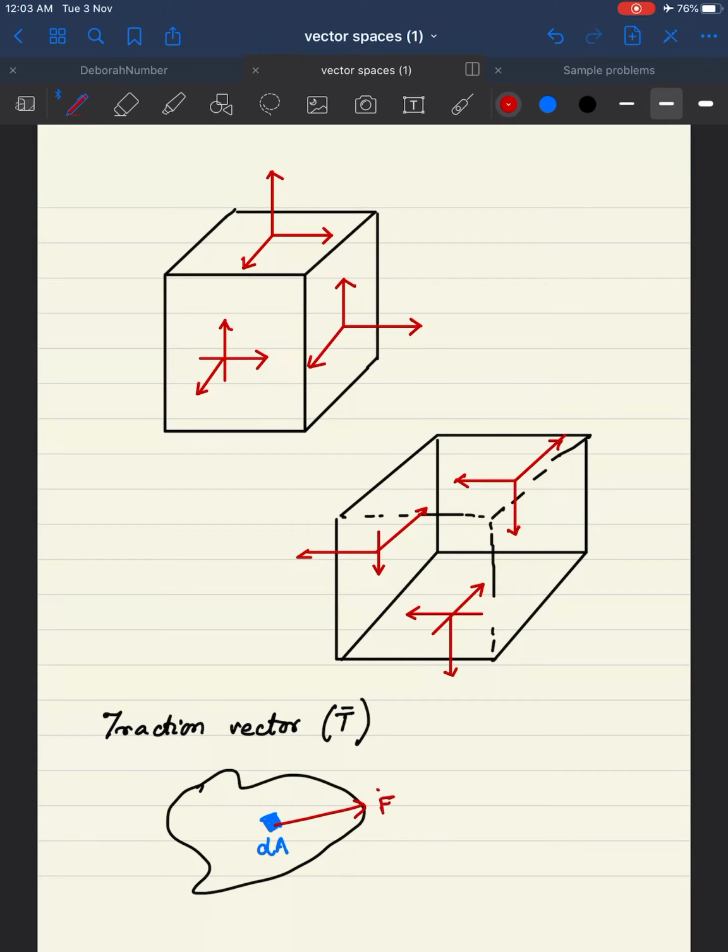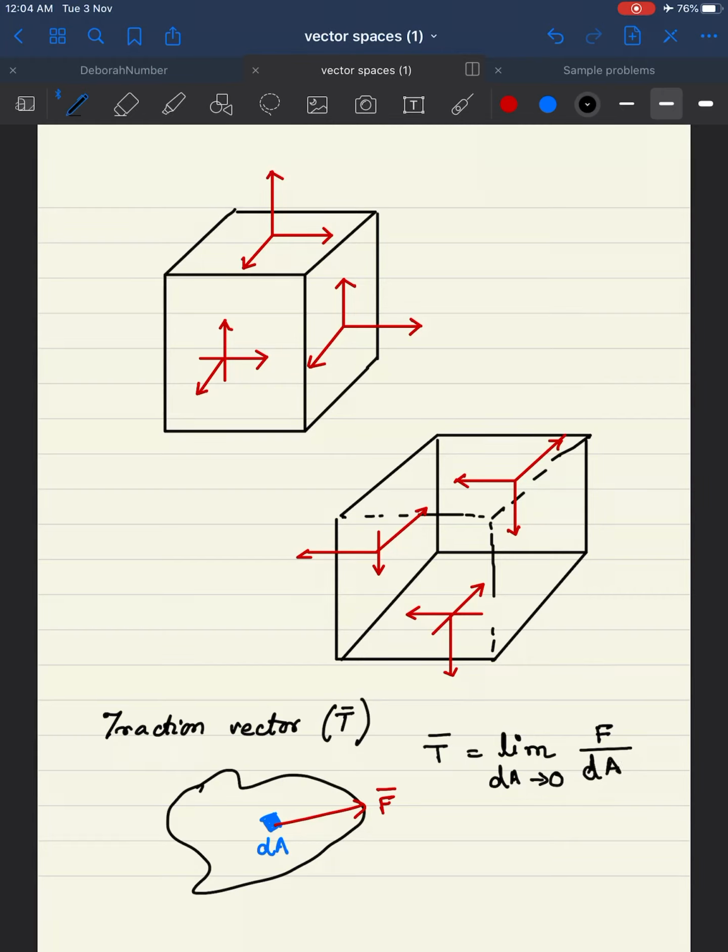So if you define a quantity such that this traction vector is basically the amount of force that is acting on this area dA, and then you take the limit of this quantity, limit as dA tends to 0, and we are looking at this force which acts on this surface.